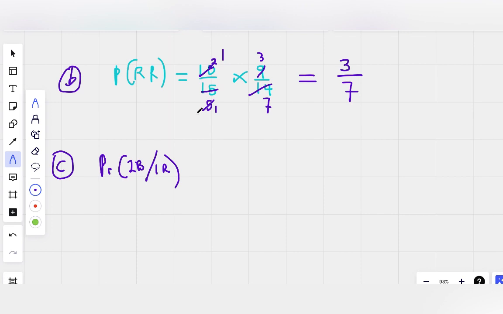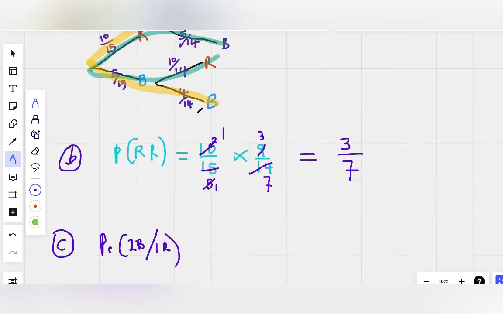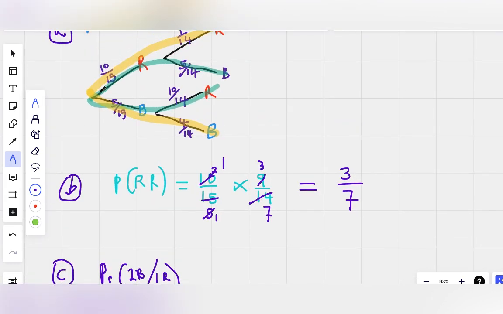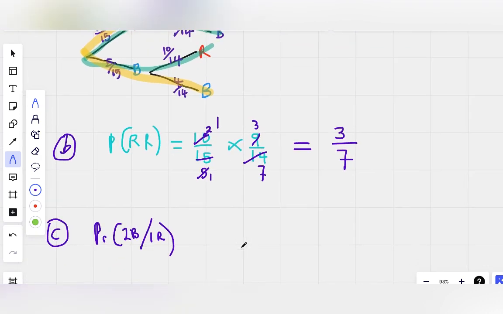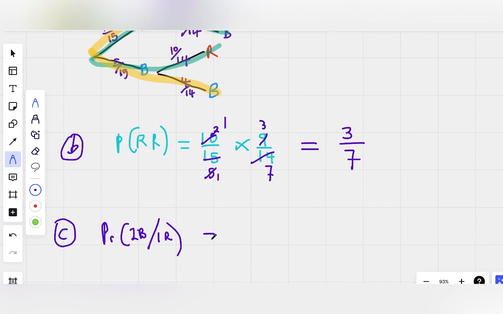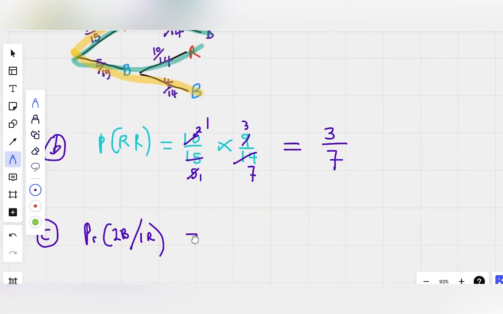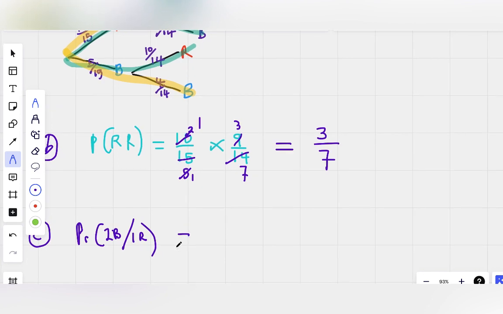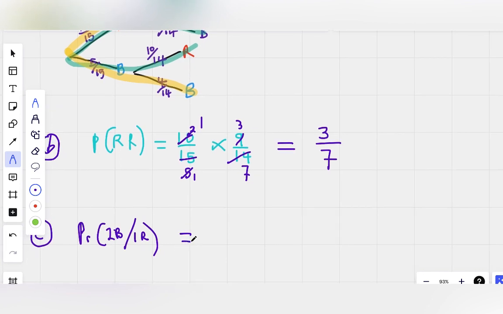So we said this branch, which is PRB, right? Okay, so we have P, second one is black, given that the first one is red.